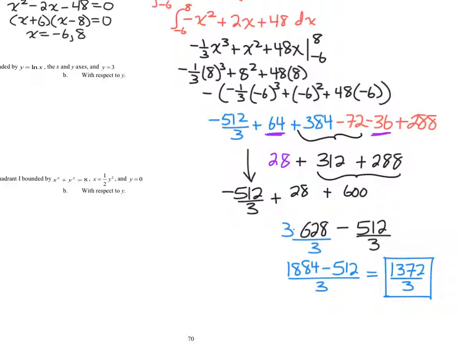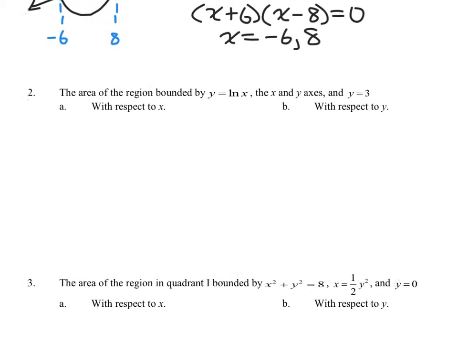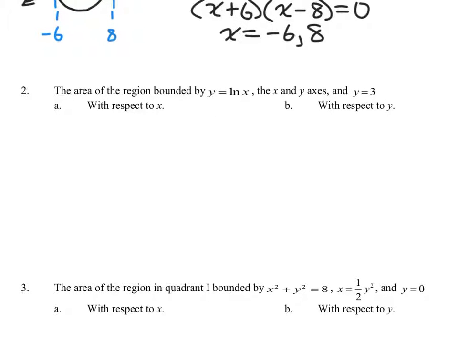So in the next one, we have a natural log function. Now, when you deal with transcendental functions, those end up being kind of nicer when it comes to doing a problem by hand, because the derivatives and antiderivatives work out nicer. That's number one.